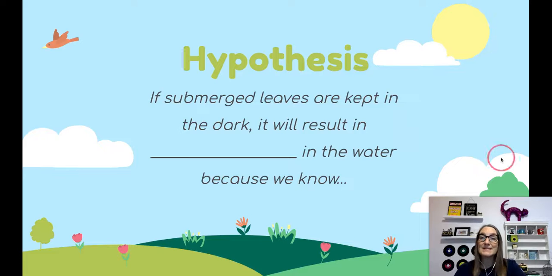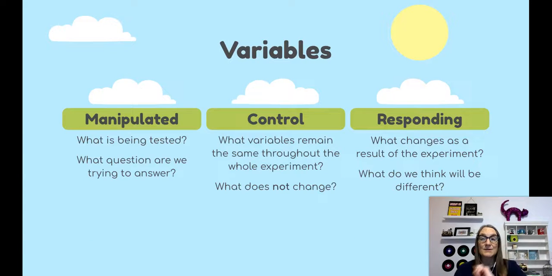Okay, next step is to identify the three kinds of variables in this experiment. Once I explain the procedure of the experiment, you'll be better able to judge which variables are manipulated, controlled, or responding.